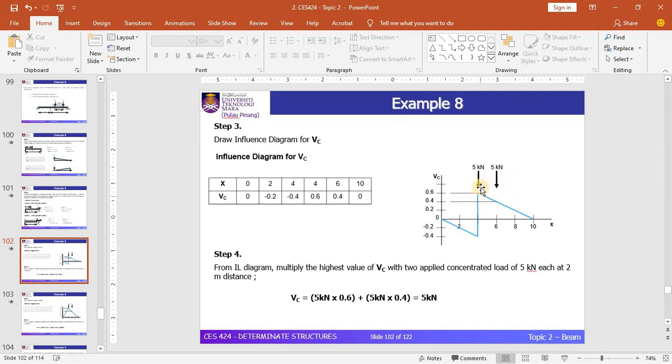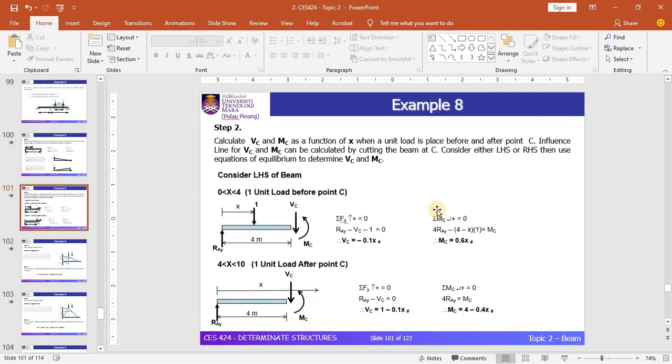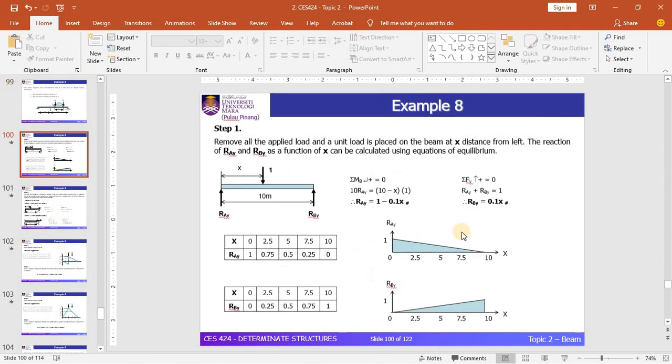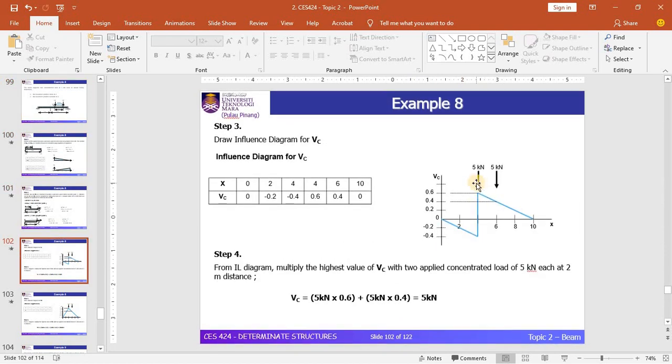Since we have two wheels, and this vehicle is moved from A to B, this is the rear wheel and this is the front wheel. The rear wheel must be multiplied with 0.6, and the front wheel must be multiplied with 0.4.